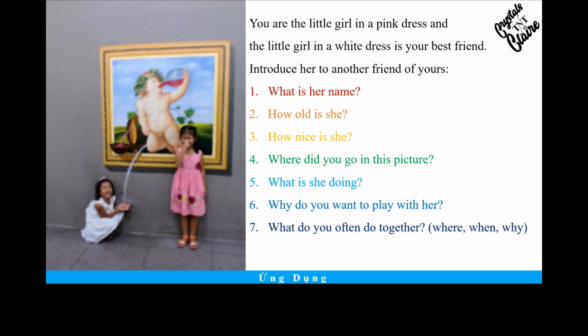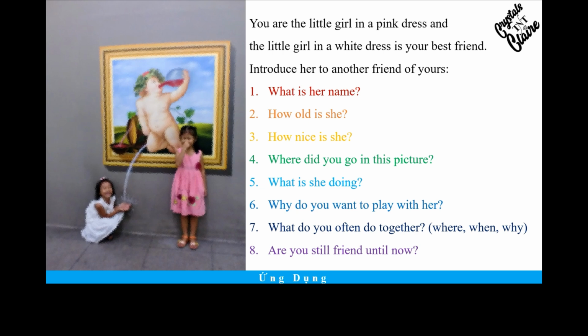So look at here. You can describe this picture, or you can also choose another picture of your friend, and then you will introduce your real friend. Okay, your real best friend. So here is just my example. And number 8, are you still friends until now?